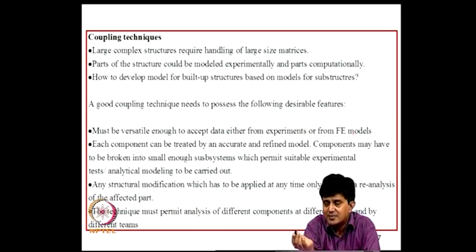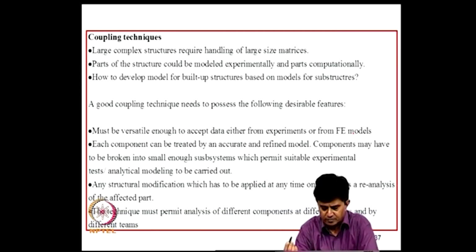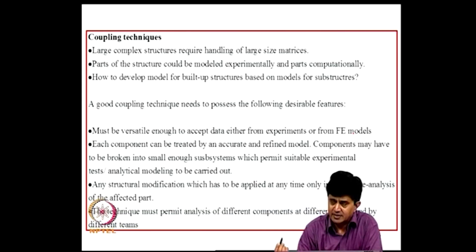An experimentalist typically would be able to give FRFs, impulse response functions, and if modal information is extracted, natural frequencies, mode shapes, damping ratios, participation factors, which are experimentally measured. But the experimentalist will have difficulty in specifying the structural matrices.